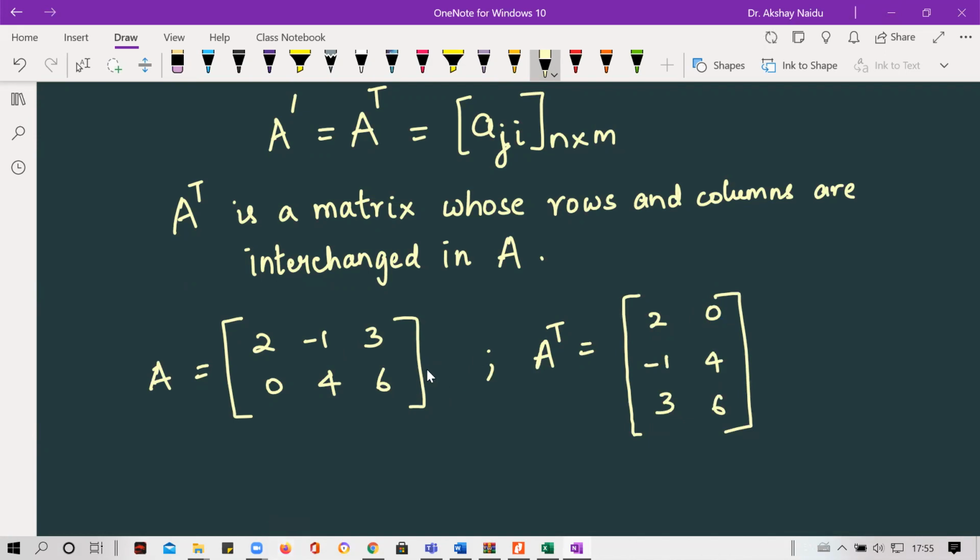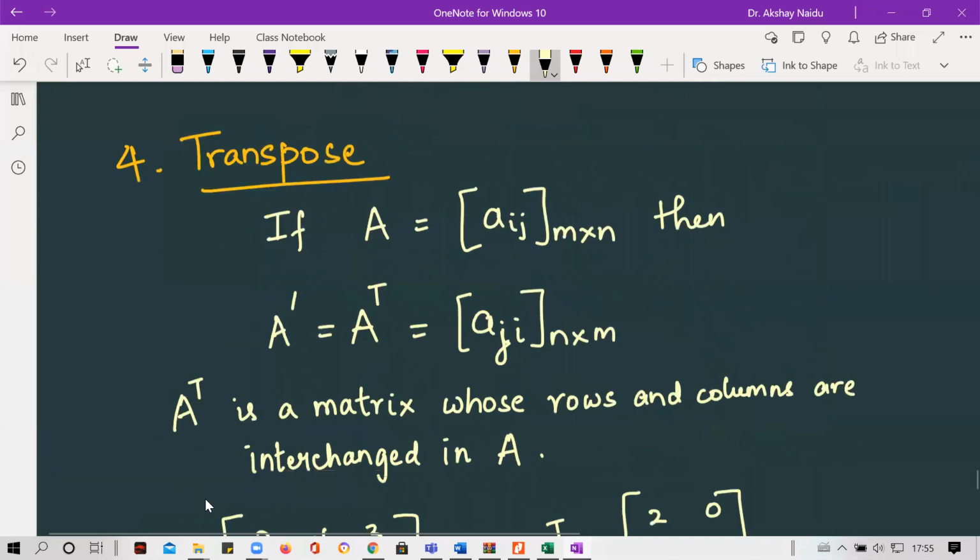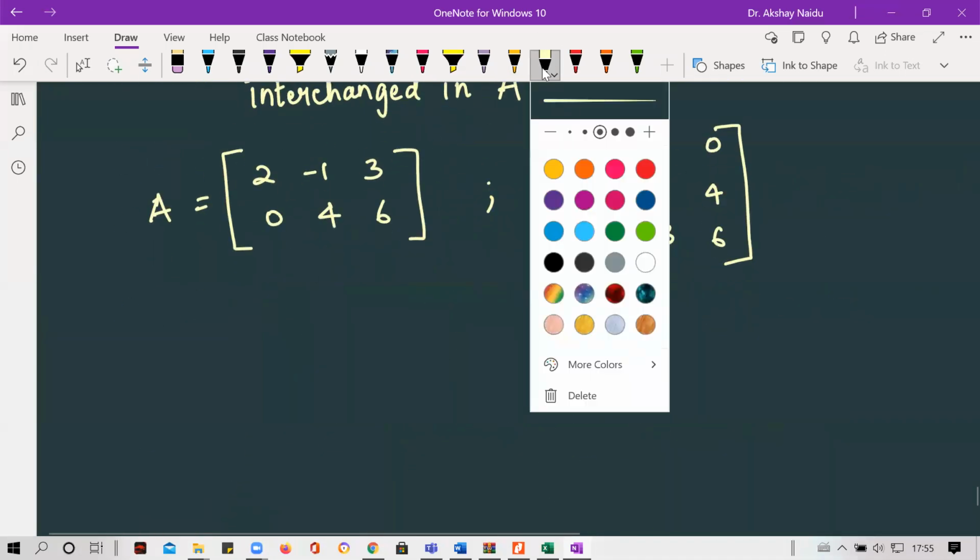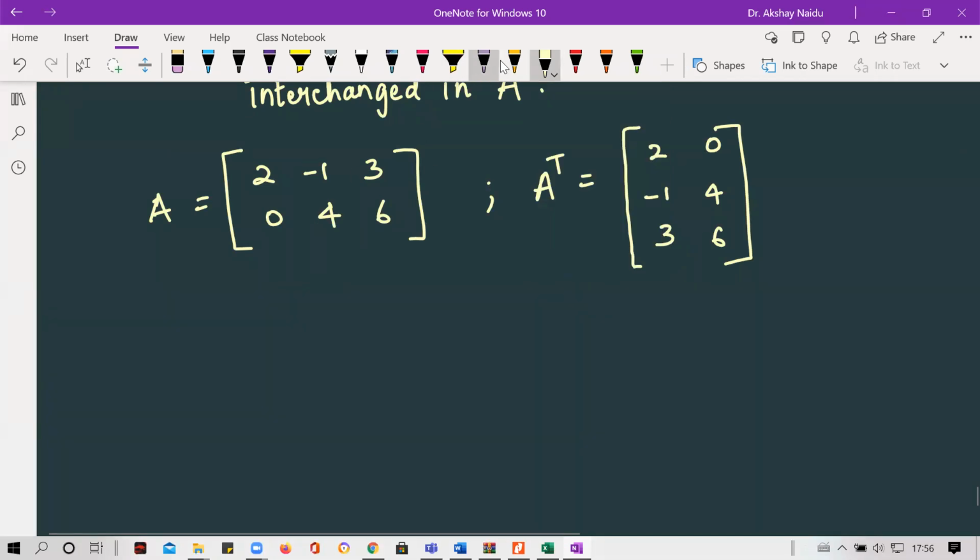So rows and columns get interchanged. So that is the transpose of a matrix. And then there are properties of transpose. What are the properties of transpose? A transpose transpose is equal to A.